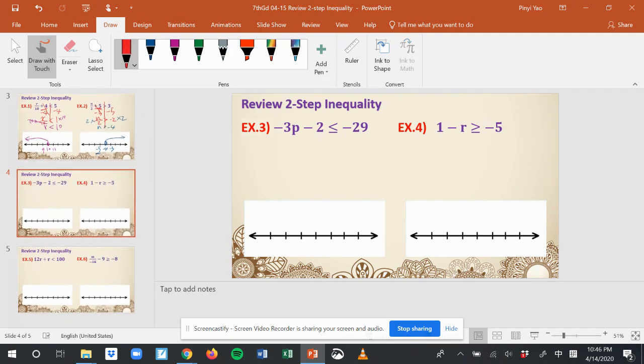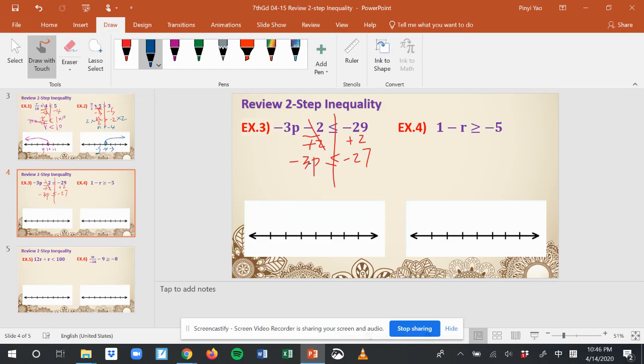Start the same way. We are drawing a line in the middle, and we start with a number that's further away from the variable p, which is a negative 2. So we need to add 2 on both sides. That cancels. We got negative 3p is less than or equal to negative 27. And next, we do have a negative 3 times a p.